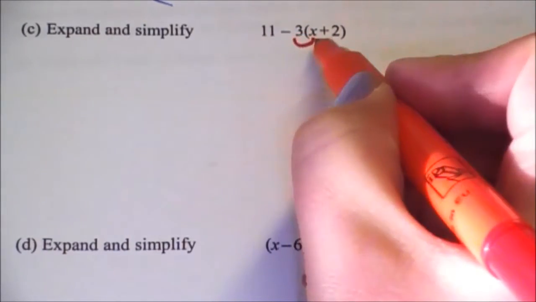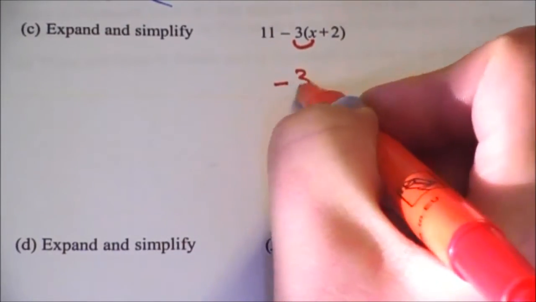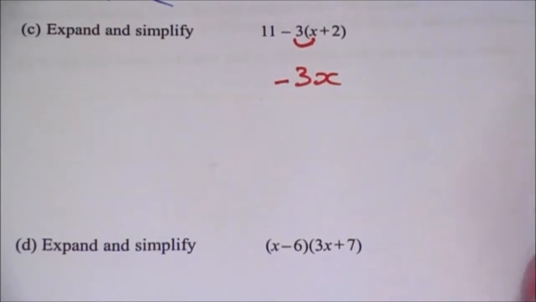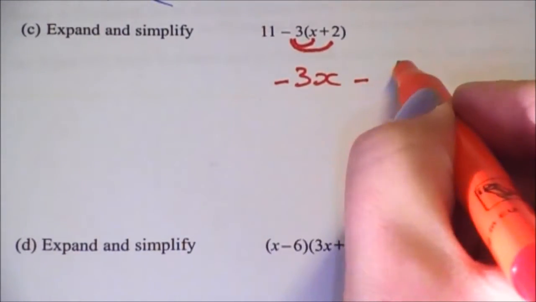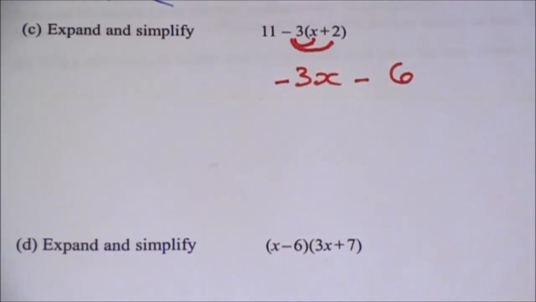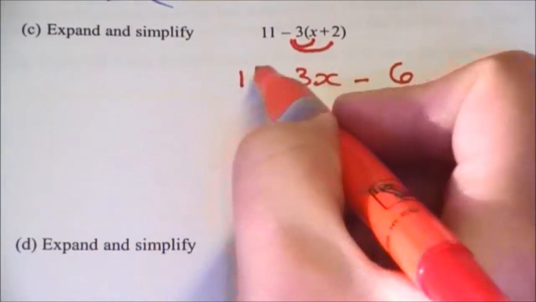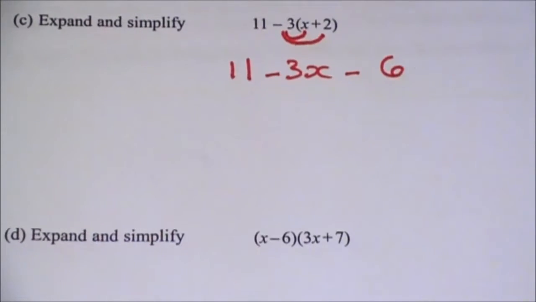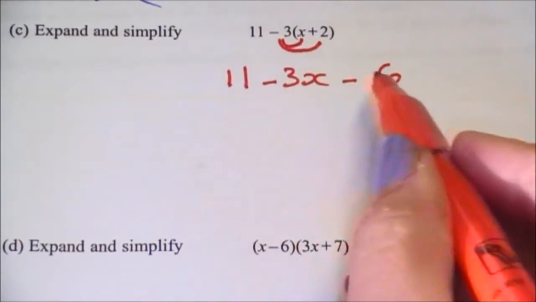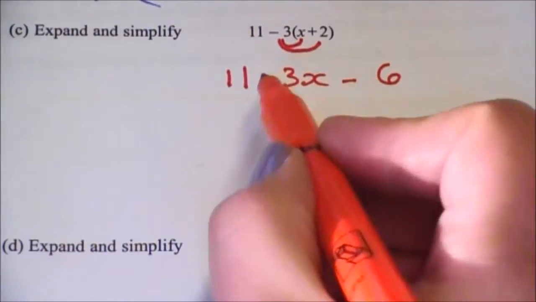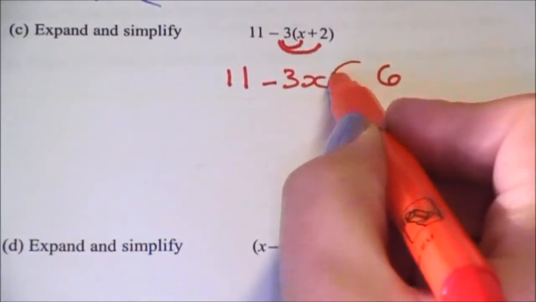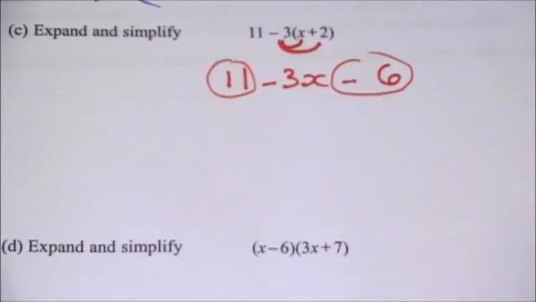I'm going to do negative 3 times x is negative 3x. Negative 3 times positive 2 is negative 6. And then there's that 11, which I'm yet to do anything with. So I end up with 11 minus 3x minus 6. And I can then collect the 11 with that negative 6.